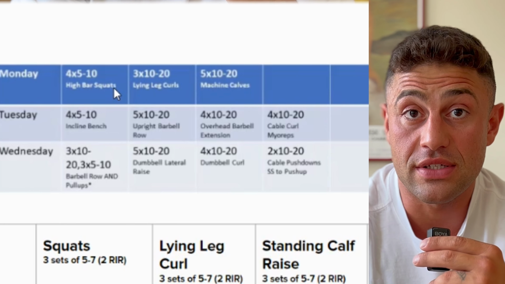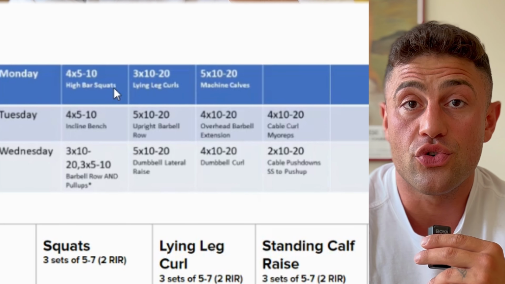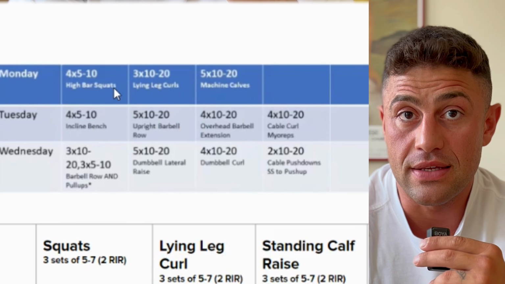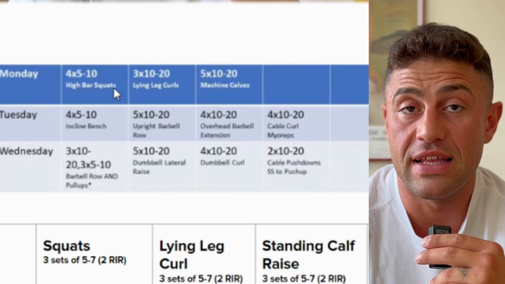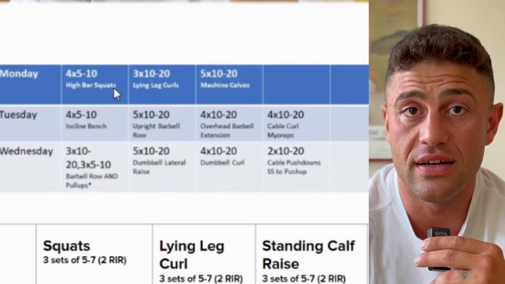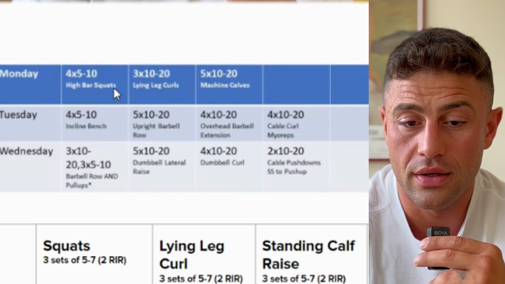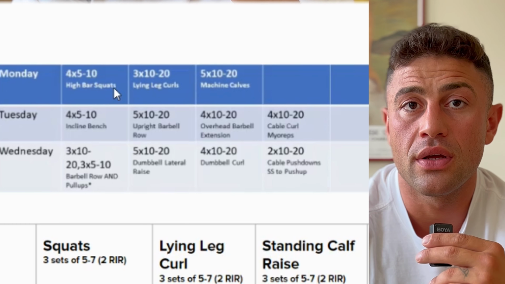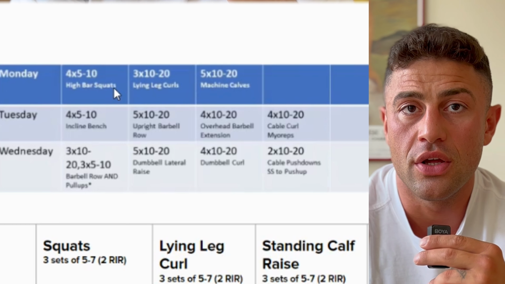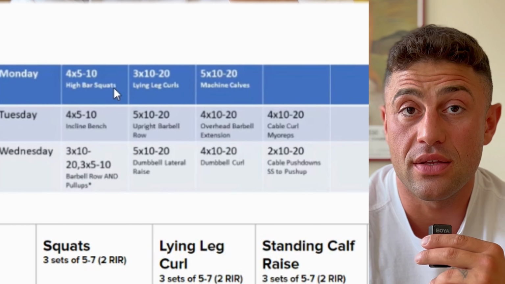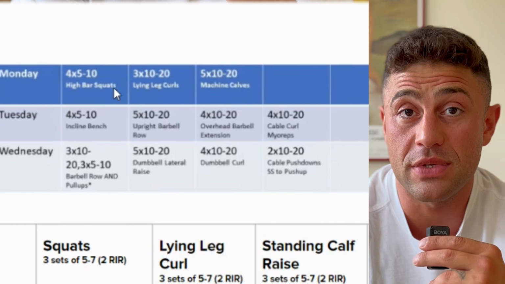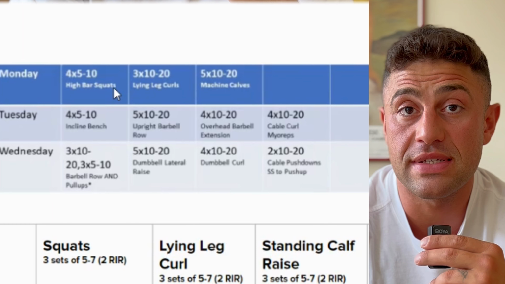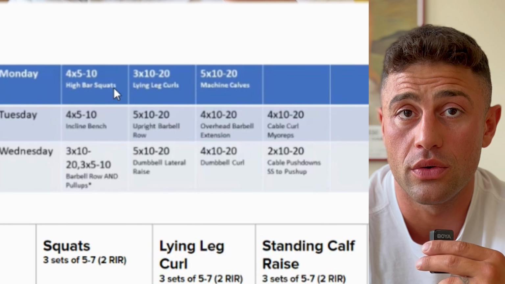The thing about compound exercises is that they require us to stop a set because of CNS fatigue and not necessarily because of peripheral fatigue. Think about it this way. If you're doing a leg extension on a machine and take that to failure, you're gonna have to stop the set because your muscles can't literally contract anymore, okay?